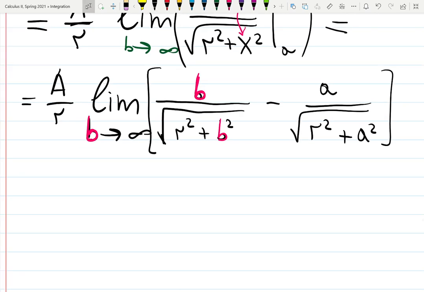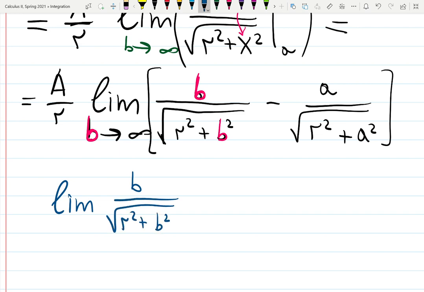So let's see. This takes you to calculus 1 material, when we look at limits of this type: b all over the square root of r squared plus b squared when b goes to infinity. How to find those limits? Remember, you're supposed to divide by the highest power. Usually, the way I explained, find the leader of the top, that's b. At infinities, you can do a shortcut like this.